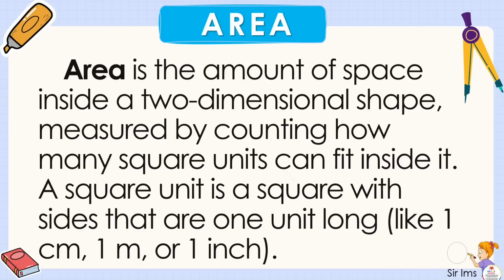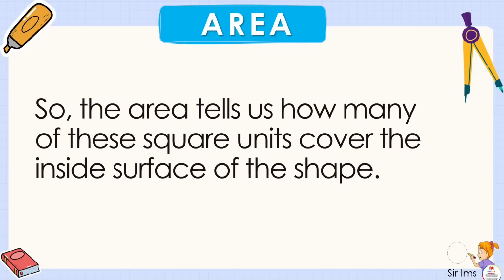Area is the amount of space inside a two-dimensional shape, measured by counting how many square units can fit inside it. A square unit is a square with sides that are 1 unit long, like 1 centimeter, 1 meter, or 1 inch. The area tells us how many of these square units cover the inside surface of the shape.